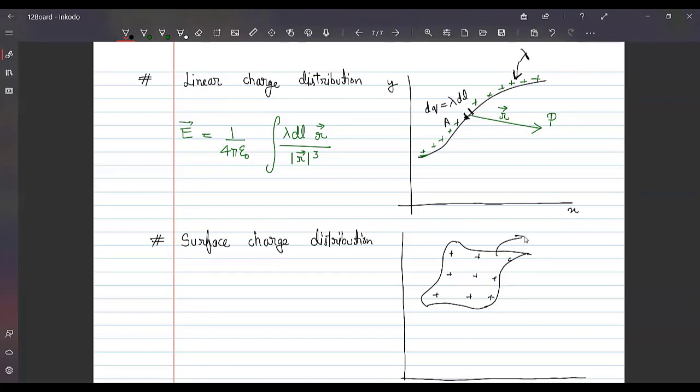When there is a surface, you define sigma. Sigma is charge per unit area. So for a small region, call it dA, let us say the charge on it is dq. dq can be written as sigma times dA, because your sigma is dq by dA.